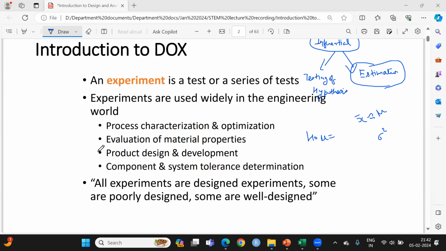Second is evaluation of the material properties. Again, we want to see that if we change the composition of one material, how the properties of the final material change. We will also observe with the experiment the product design and development.